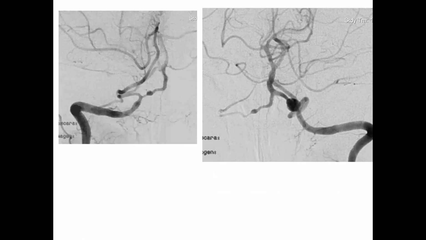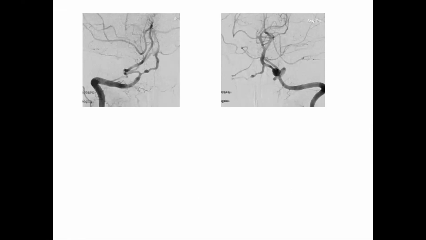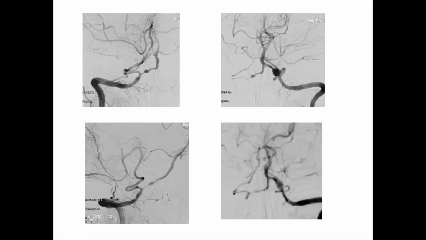And this is the right vertebral, this is the PICA, and this is the second aneurysm. Lateral view to the left side. The dissection is coming to this point, to this point. I decided to treat it with Leo stent also.